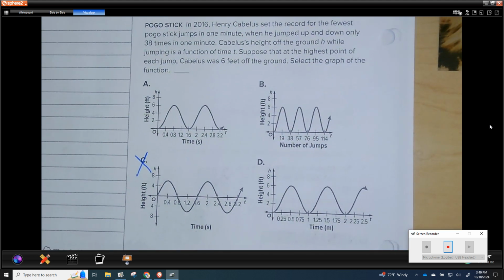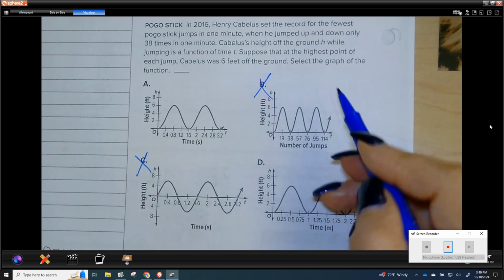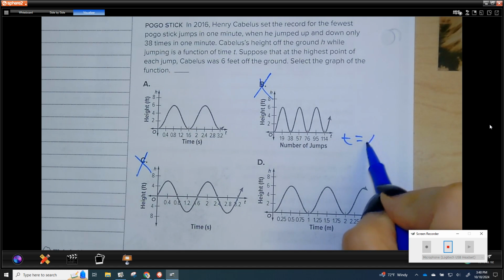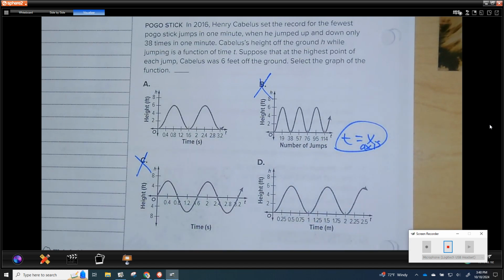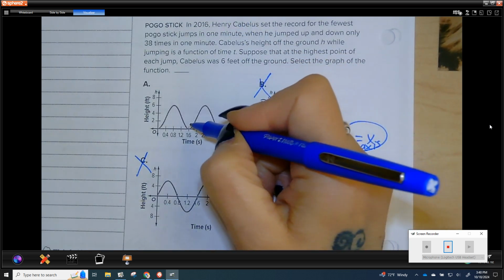Let's figure out 38 times in 1 minute. Okay? So, the other thing you could cross out is this one because time is your x-axis. And this one has number of jumps, so that one's not it. So 38 times in 1 minute. This is by minutes. If he does 38 times in 1 minute, then we're going to have seconds. So there's 60 seconds in a minute, and divided by 38, I bet you it is this right here.